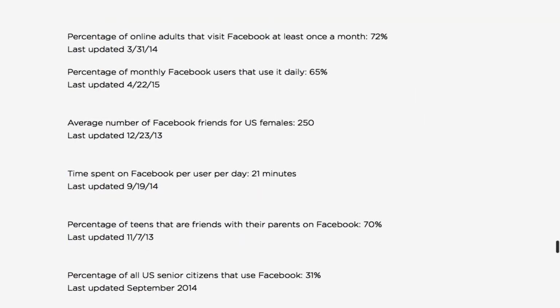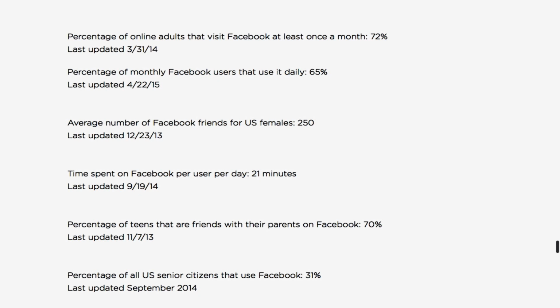Just a few other interesting Facebook statistics. 72% of online adults visit Facebook at least once a month. 65% of the monthly users use it daily. Average number of friends for females in the United States on Facebook, 250. And that was back in 2013. That's probably a lot bigger now. Time spent on Facebook per user per day on average was 21 minutes.